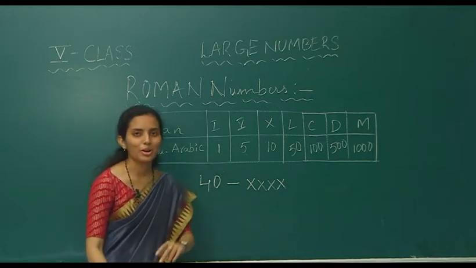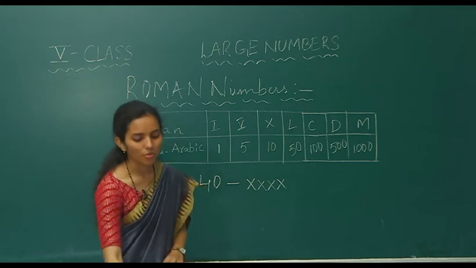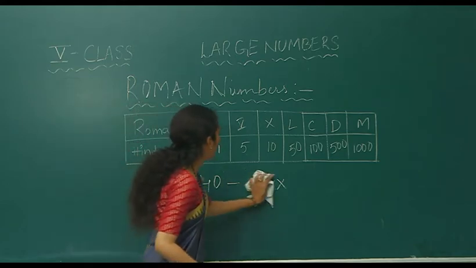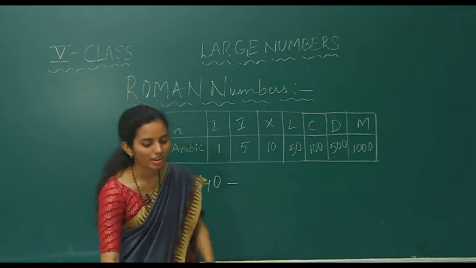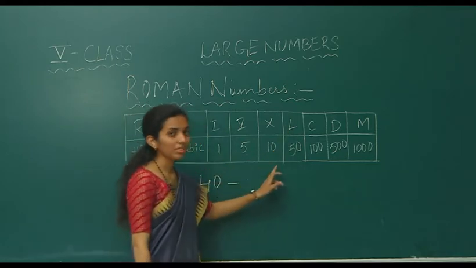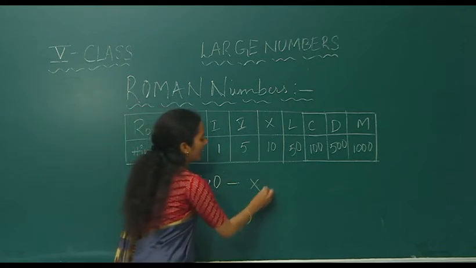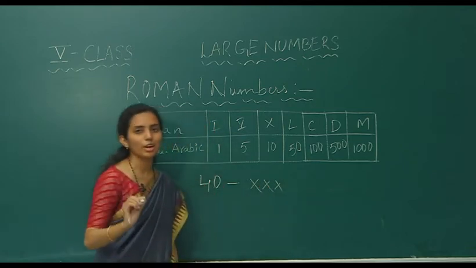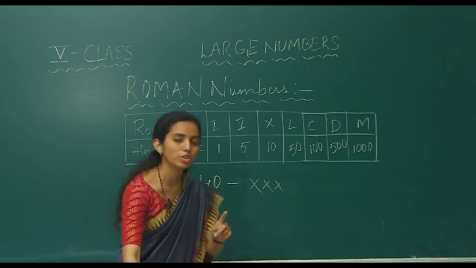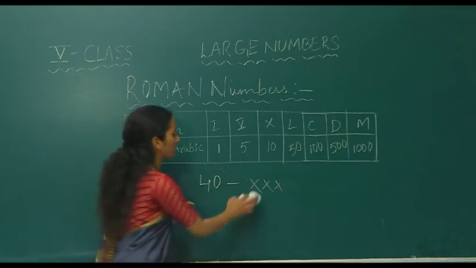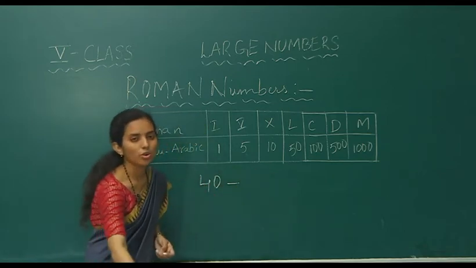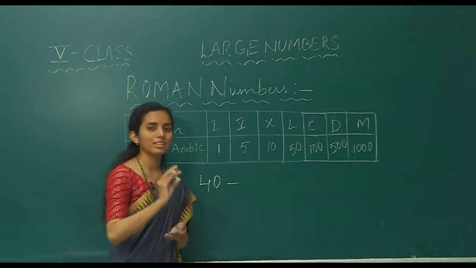No, we cannot represent it like that. Why? It is a rule that when addition is done, the first number should be the bigger number, but here we are taking all the X's. So we cannot write like that. The first number should be the bigger number and the second number should be the small number. In this manner we have to write the numbers.